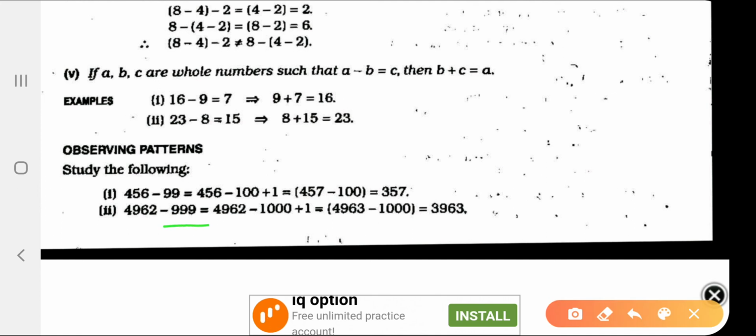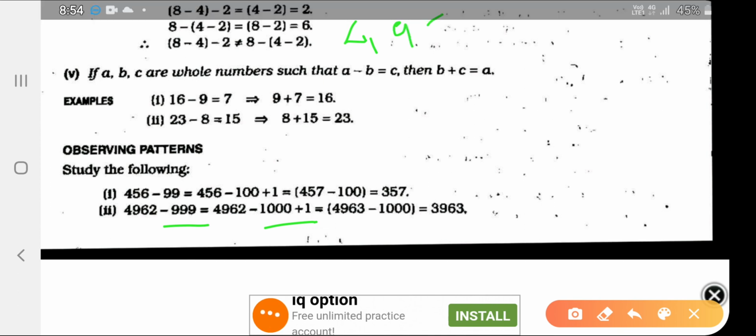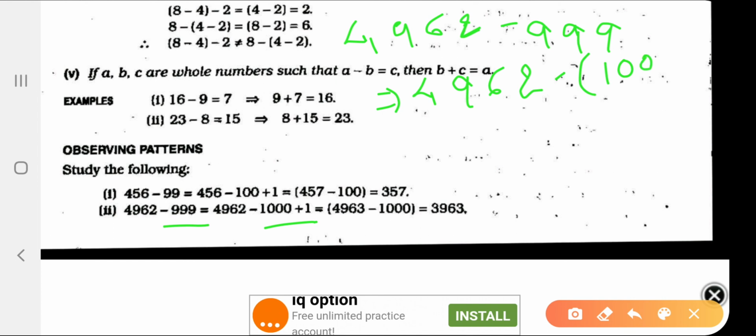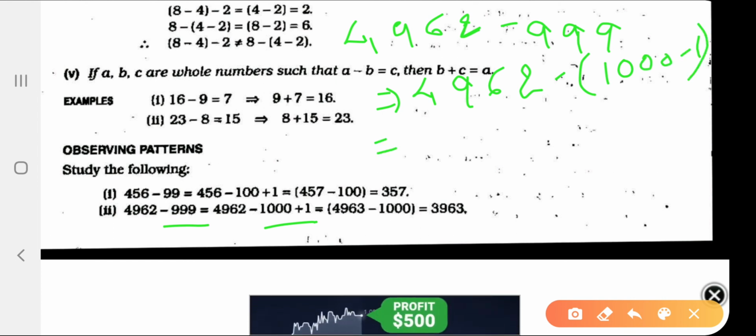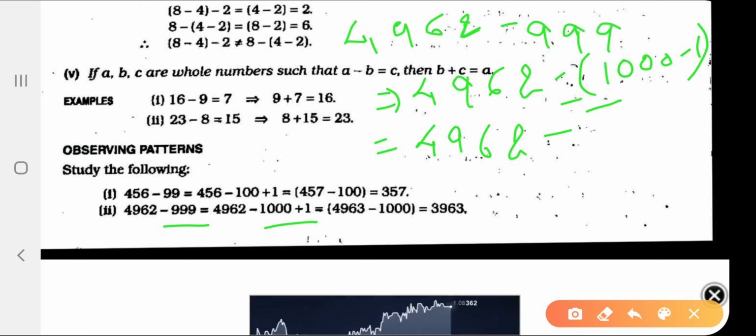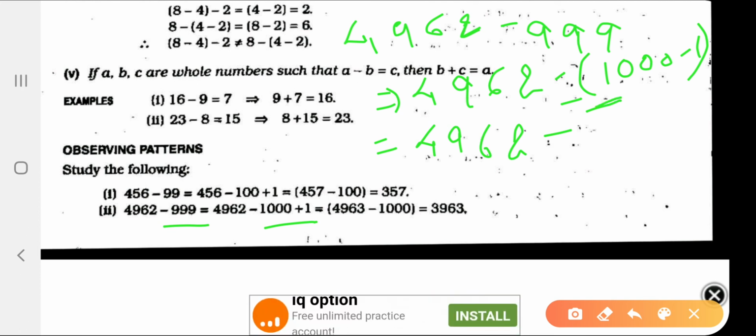You have to express it in terms of 1000 minus 1. I'm doing this also. Let's see. 4962 minus 999, that is 4962 minus (1000 minus 1). 4962 minus, this minus and this plus gives minus, inside the bracket. If no sign is put here, it means the number is positive.